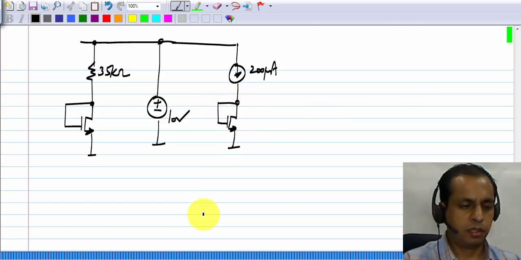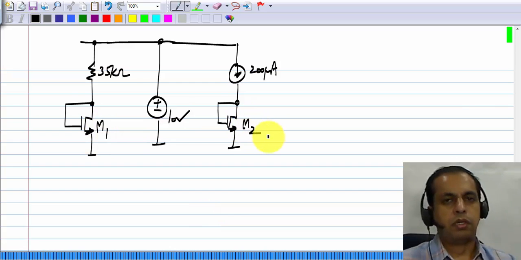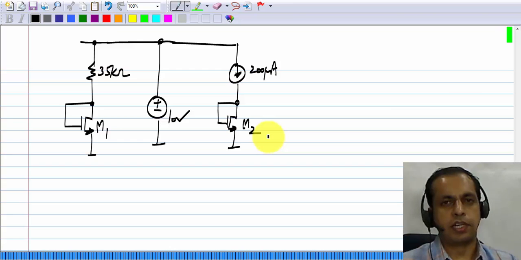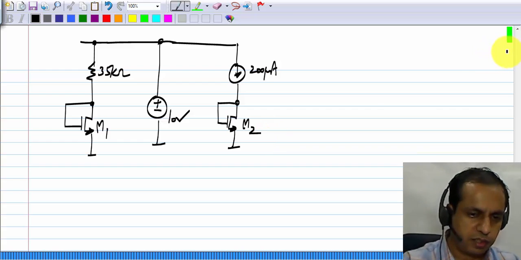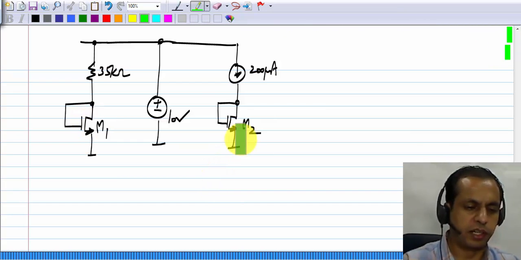Okay. So now let me call these M1 and M2. Remember, the whole idea of using constant current biasing was to reduce the sensitivity of the transistor's transconductance to the parameters of the transistor, such as the threshold voltage and current factor. Okay. Now that sensitivity will be different for this circuit and that circuit.